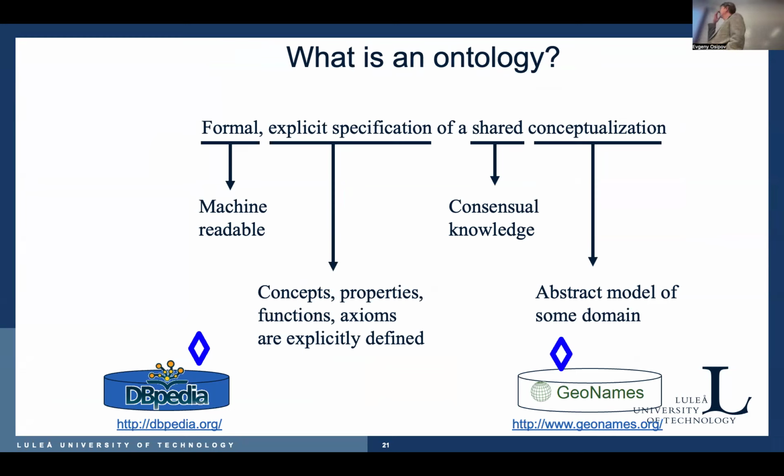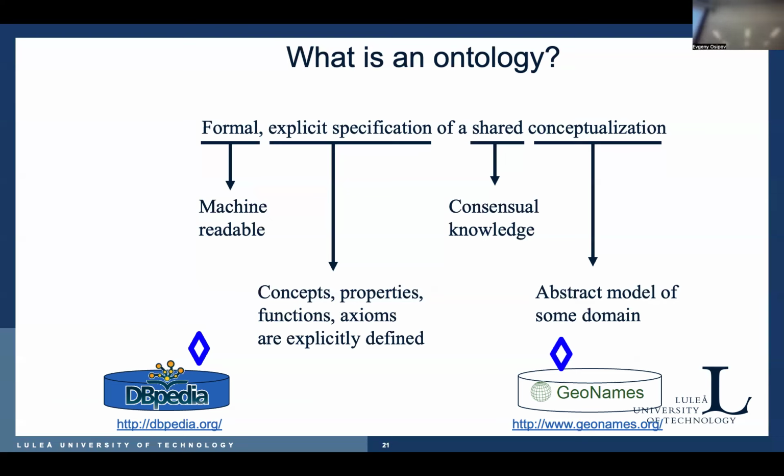Well, here is the definition. It's a formal, explicit specification of a shared conceptualization. A very sophisticated definition, but again, I try to digest it from the functional point of view.